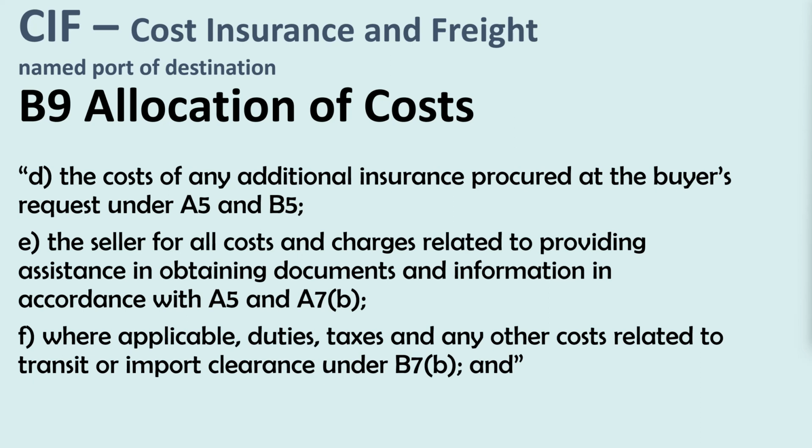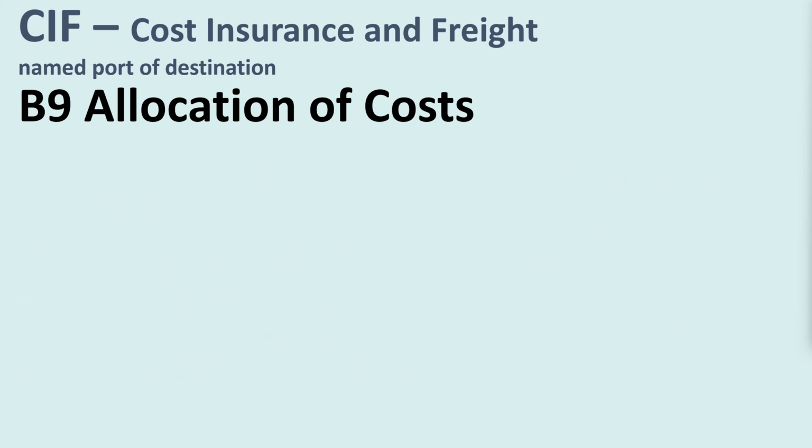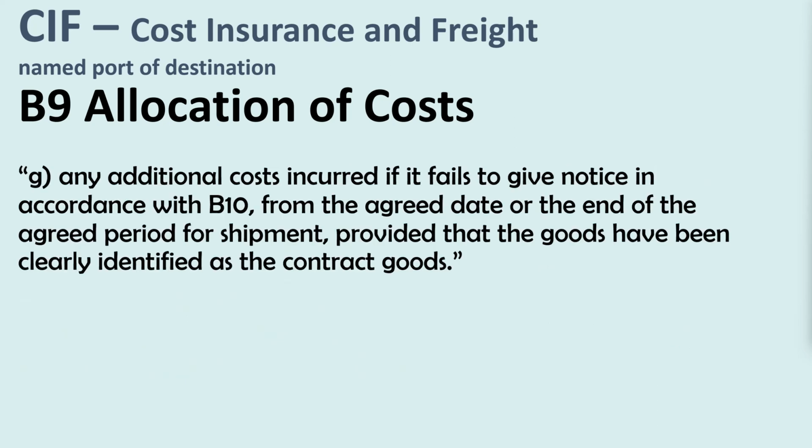The buyer must pay F, where applicable, duties, taxes and any other costs related to transit or import clearance under B7B, and the buyer must pay G, any additional costs incurred if it fails to give notice in accordance with B10 from the agreed date or the end of the agreed period for shipment, provided that the goods have been clearly identified as the contract goods.